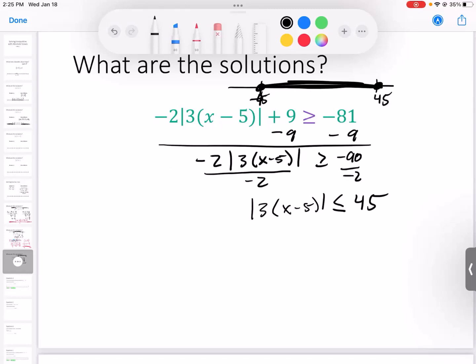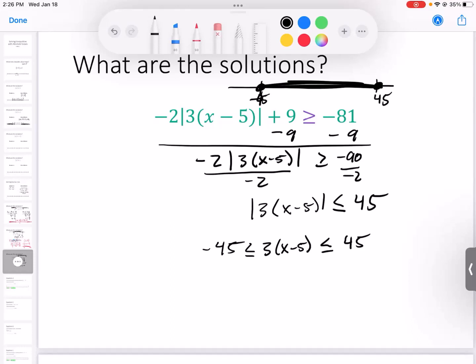So since it's a between one, I'm going to set it up as 3 times x minus 5 needs to be less than or equal to 45, and it needs to be greater than or equal to negative 45. Because if it was negative 100, the absolute value of negative 100 would become positive 100, and that would make it false. So I have that.